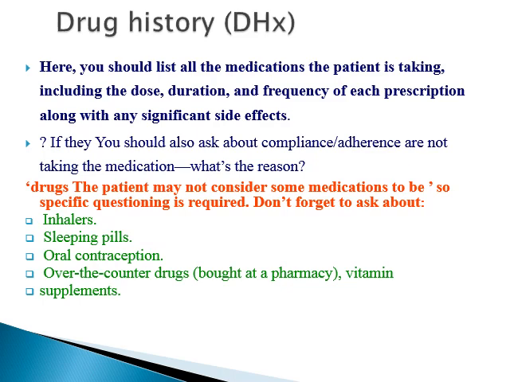Don't forget to ask about the adherence and compliance of the patient, if they take the medication regularly, intermittently, or irregularly. Also ask about medications the patient does not consider true drugs, like inhalers, sleeping pills, oral contraceptives, over-the-counter drugs like those treating heartburn, non-steroidal anti-inflammatory drugs, and vitamins. These drugs may have side effects and the patient doesn't consider them as drugs.